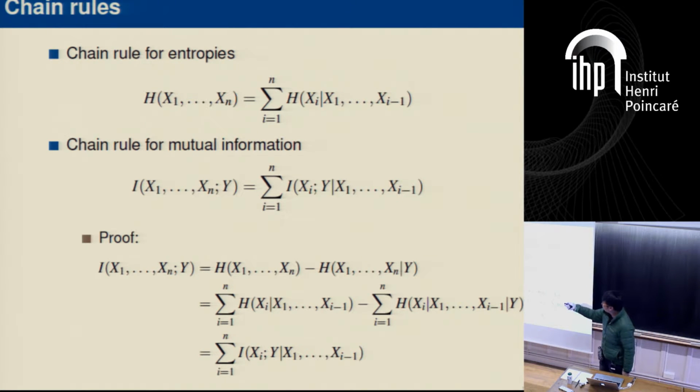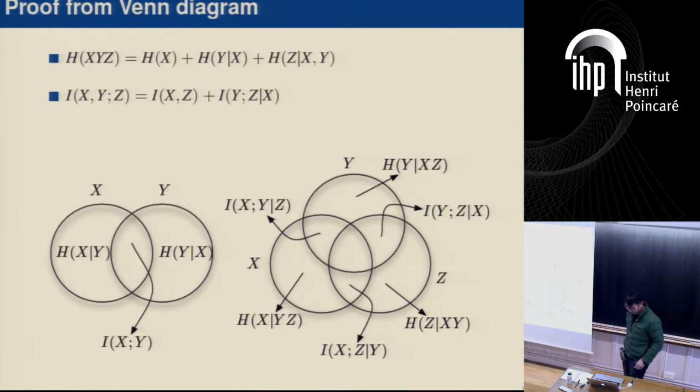Let's say we have a group of random variables, and we look at the mutual information between this group and another variable y. It turns out that you can break the mutual information into a sum of mutual information between each x and y individually, given some others. Let me show you how this can be seen from the Venn diagram. That is an example to illustrate why the diagram can be useful to look at.